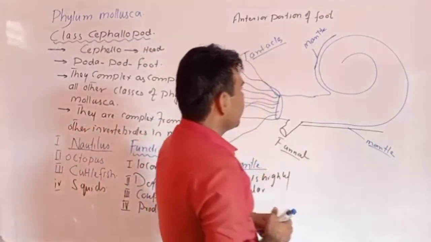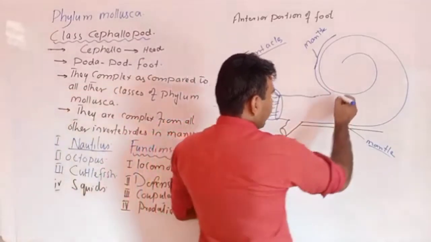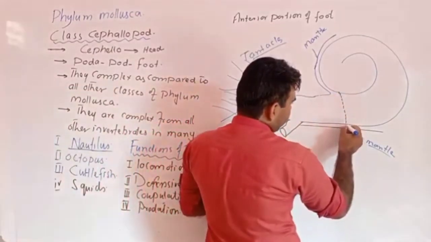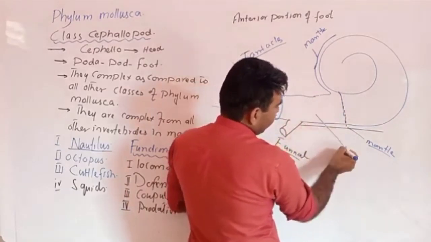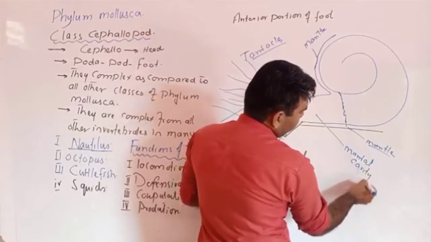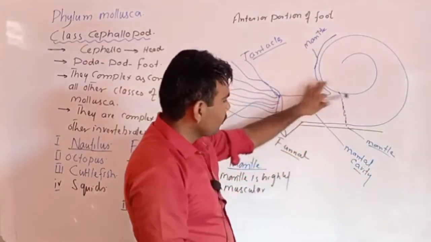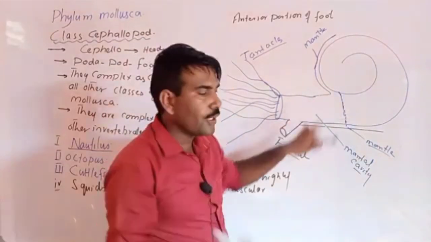Now we will discuss this internal portion from here up to here, and this internal portion is known as mantle cavity. This mantle cavity contains all the visceral organs.